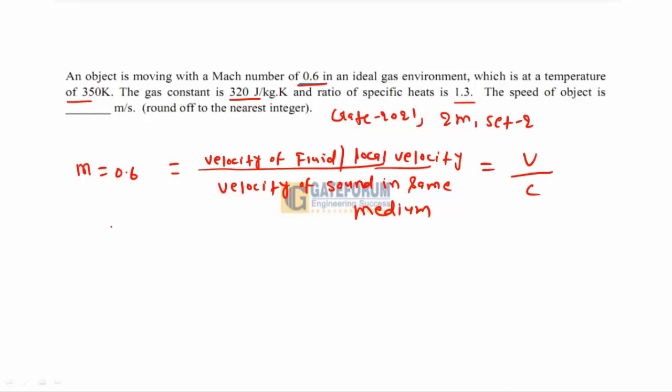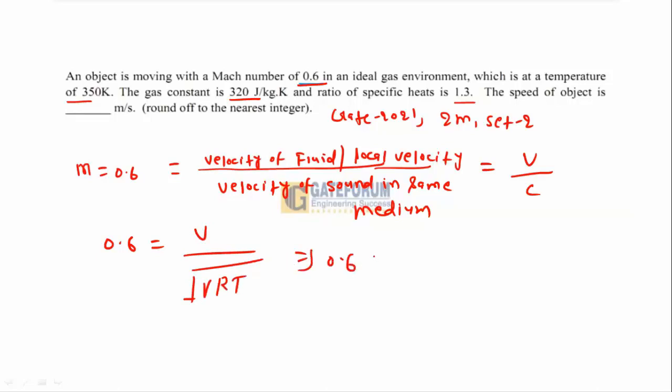Clear? So now tell me one thing. 0.6 is equal to V upon C. What will be C? So you can say, sir, square root of gamma RT. So we can write like that, 0.6 equal to V upon the square root of gamma RT. What is the value of gamma? Here clearly mentioned 1.3. What is the value of R? It is clearly given as 320.